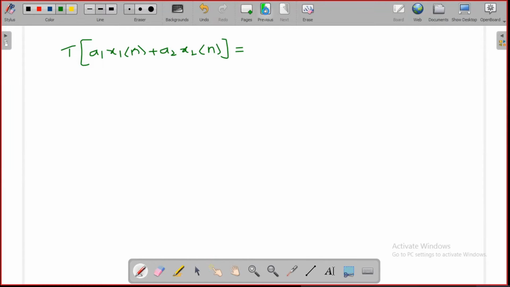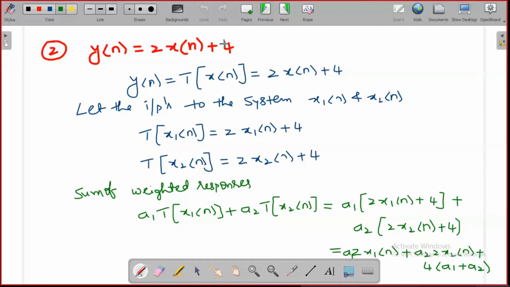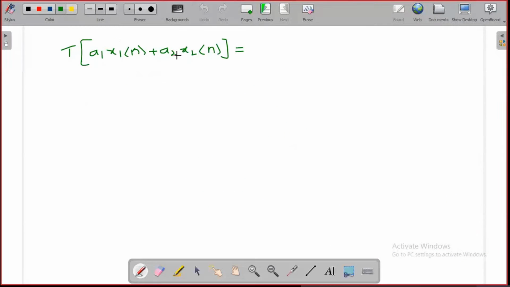The system is 2x of n plus 4, so in place of x of n, write a1 x1 of n plus a2 x2 of n. That is 2 into a1 x1 of n plus a2 x2 of n, plus 4.